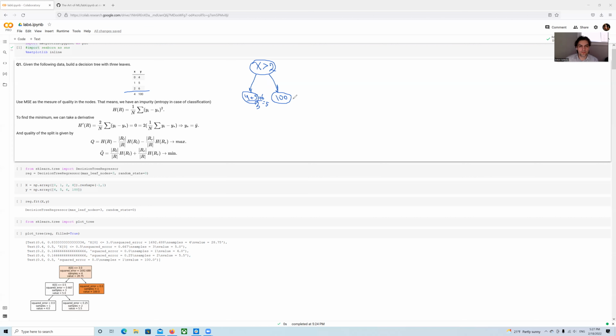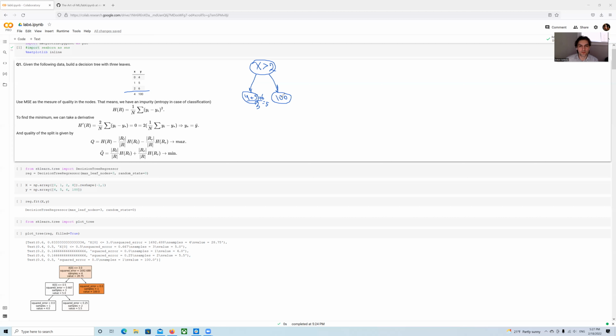Now the impurity of the right leaf is 0 because we have only one element, and the mean will be the same number, 100, so y minus mean will be 0.